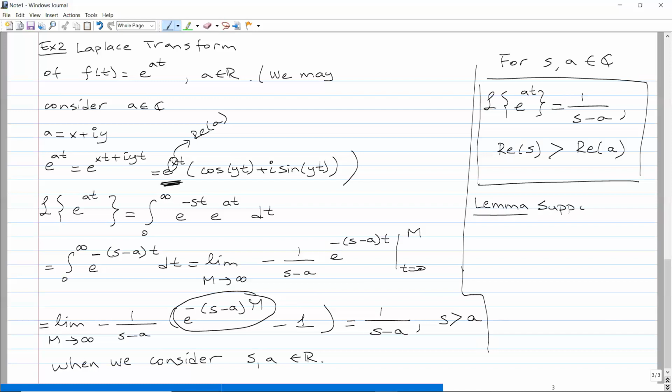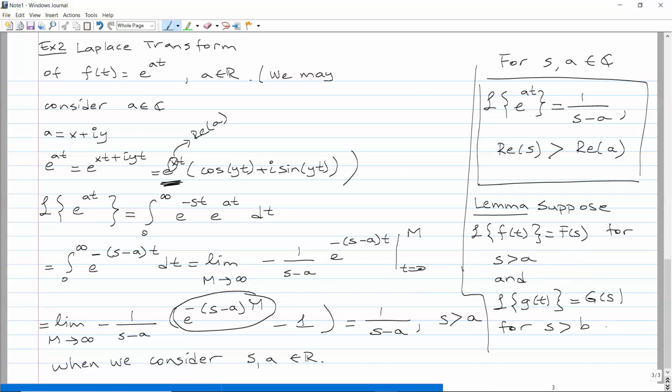So suppose the Laplace transform of the function f is capital F of s for real part of s greater than a (let's take it for real numbers, and for complex, just replace it with the real part), and the Laplace transform of the function g is capital G for s greater than some number b.